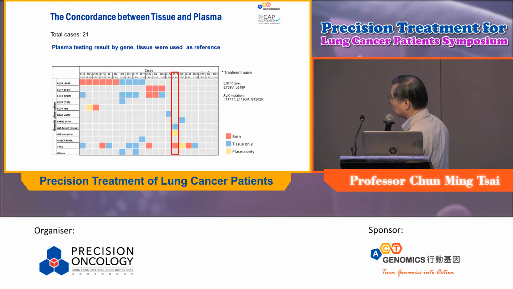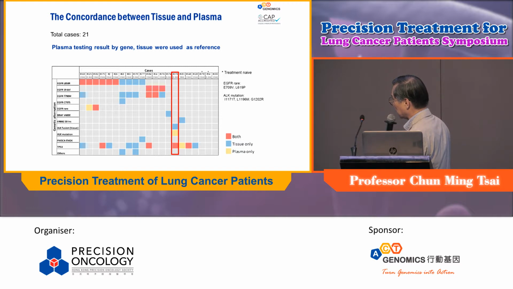For example, some EGFR mutations are detected in both tissue and liquid. And the blue column is tissue only. You can see more blue columns spread across these different genes.